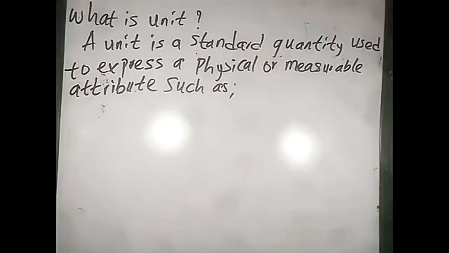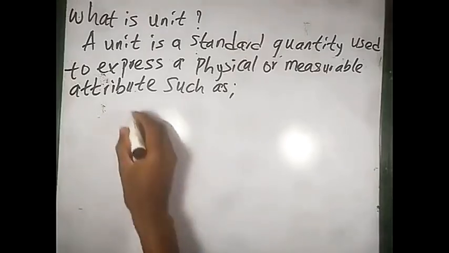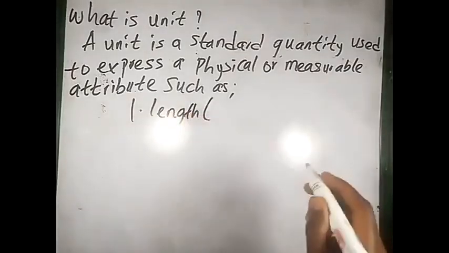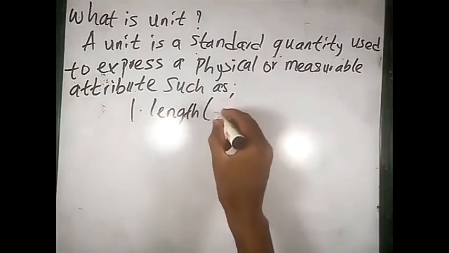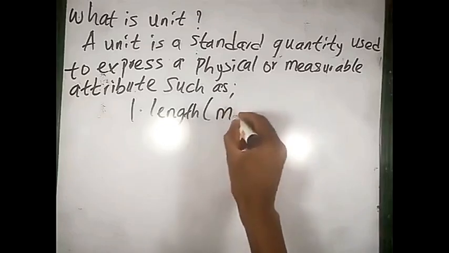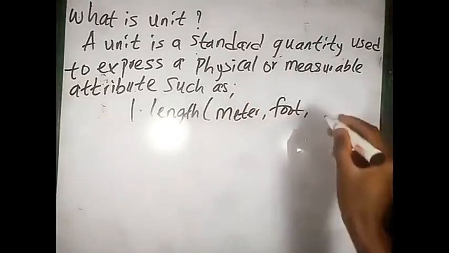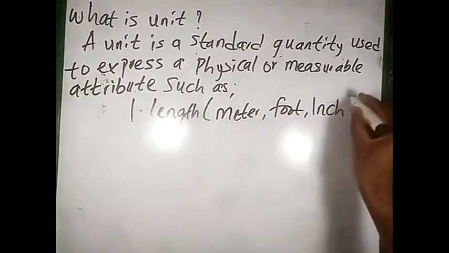Now, moving on to units. A unit is a standard quantity used to express a physical or measurable attribute. For example, we have length. We can measure length in meter, in foot, and also in inch.